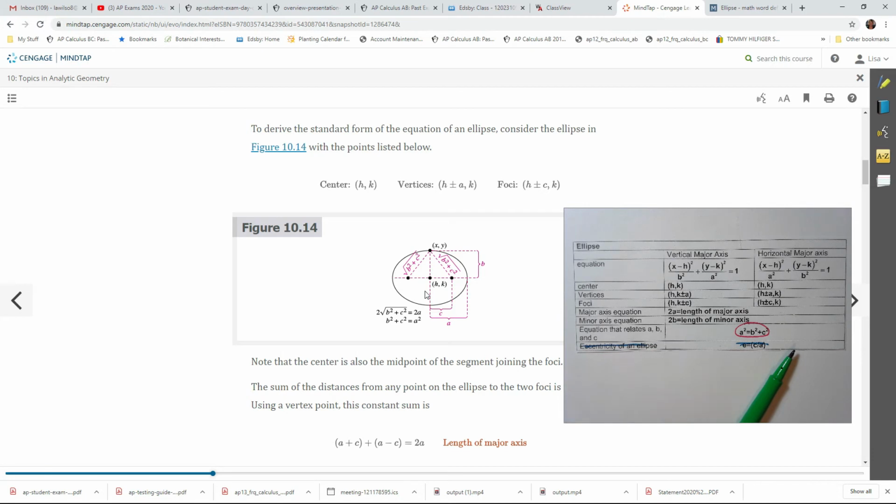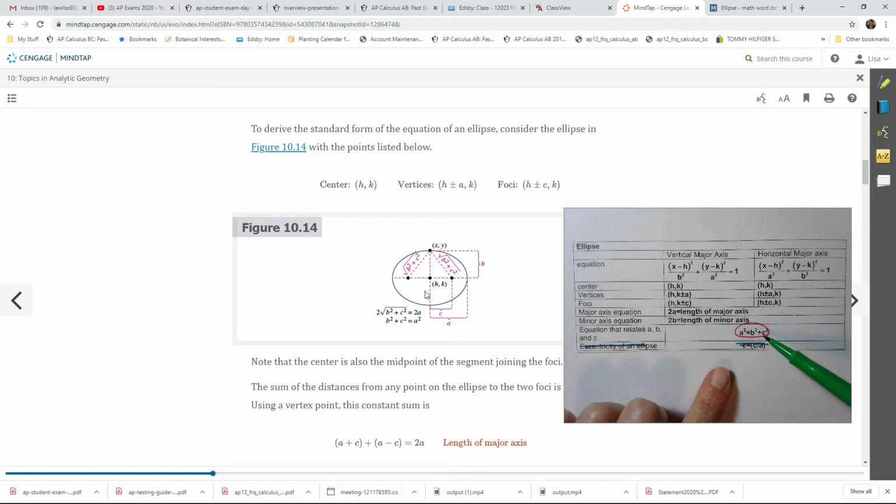And then the equation that relates these variables together is the Pythagorean theorem, but with a twist. It's not a squared plus b squared equals c squared. You've got to be really careful. It's a squared equals b squared plus c squared. So make sure you're very, very careful with this formula. That's just because of the way they're using a, b, and c here.